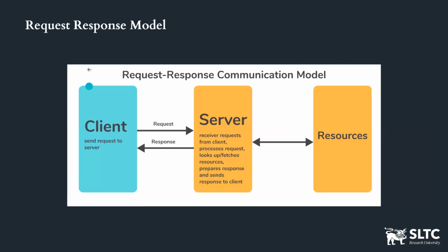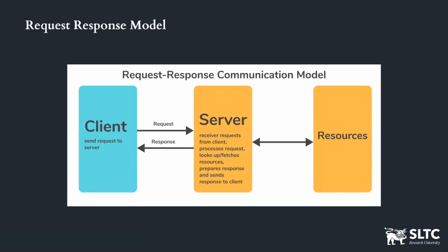When we talk about the request-response model, it basically sends a request to the server and receives a response back from the server. After the server receives a request, it sends that request to the resource directory, the place where the resources are stored.